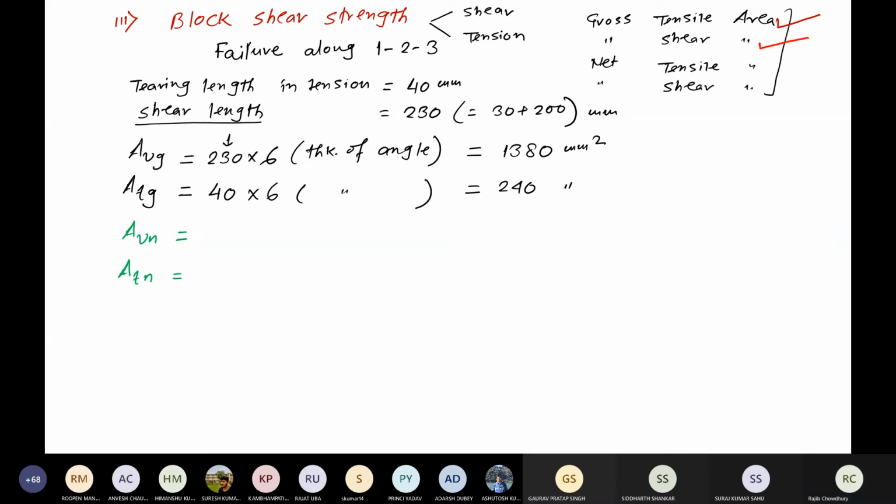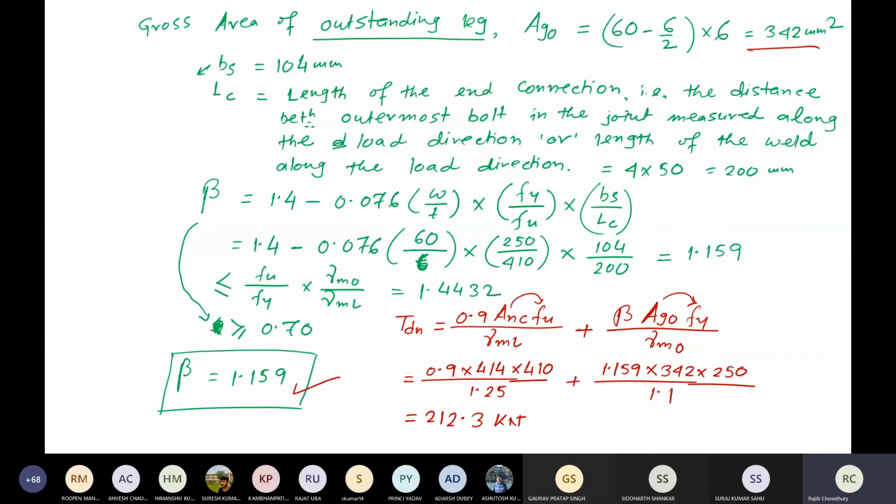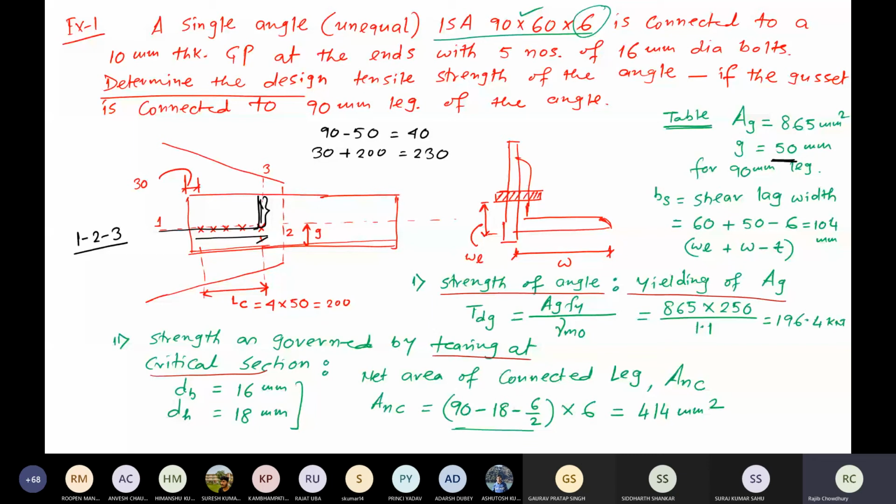Let us go back to the schematic. Shear is basically developing along this path. So the net shear area is going to be evaluated.